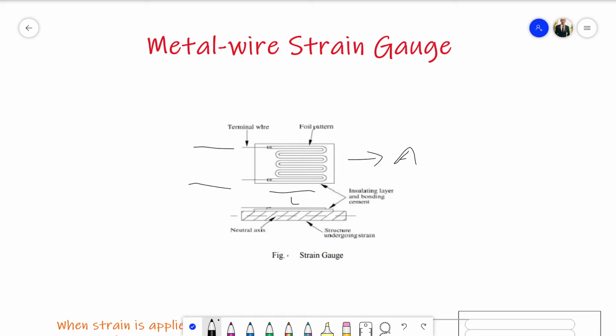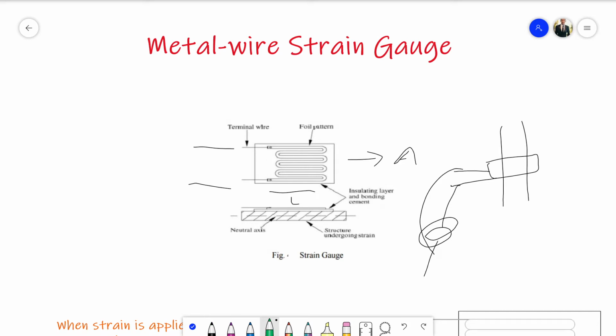The application of this metal wire strain gauge is in detecting cracks. You attach the gauge here and connect it to an indicator, and when the strain increases, this acts as a resistance. I'll show you this later.